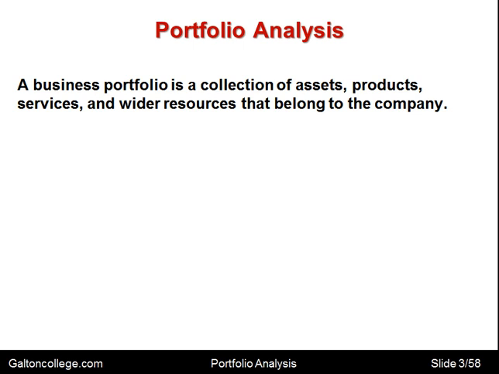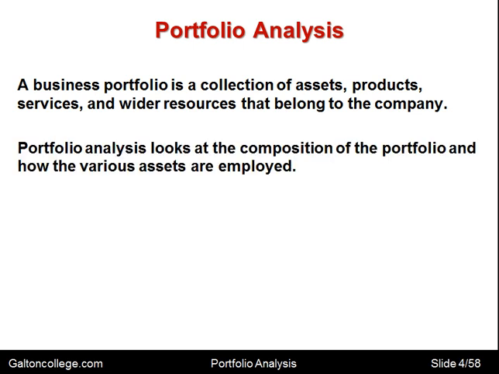And it looks at this portfolio of resources and tries to optimize the return on the portfolio. So the task is to get the biggest return for the portfolio of assets. It looks at the composition of the portfolio and how the various assets are employed.